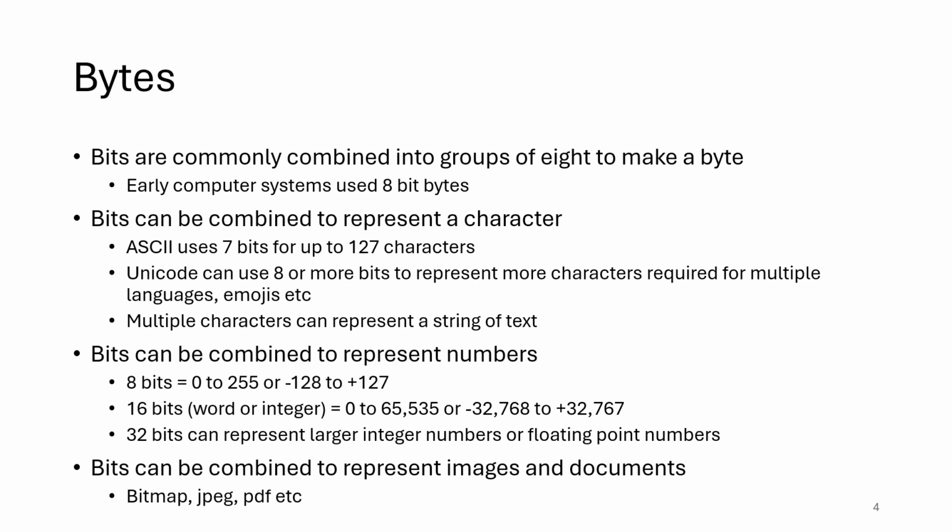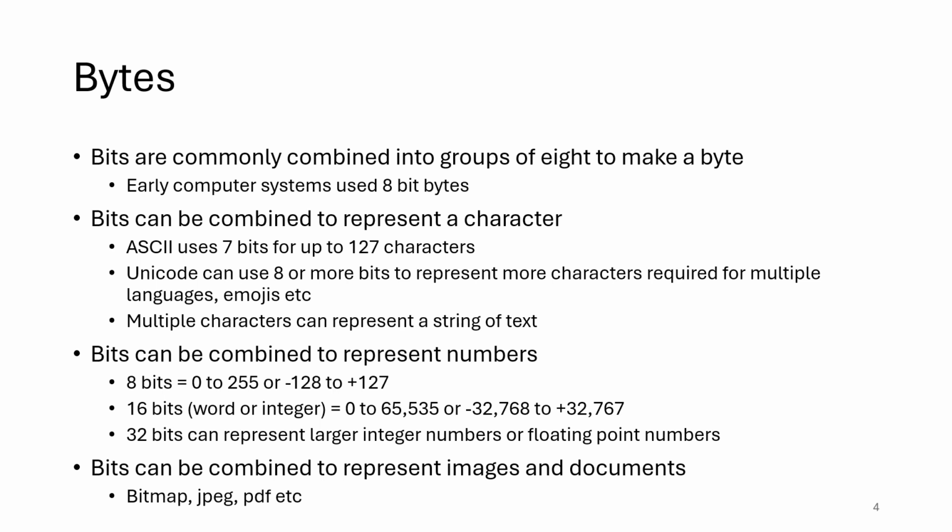Again, 16 bits may not be too useful, so often we use 32 bits to represent either larger integer numbers or floating point numbers. And there are other number formats as well, using even more bits. The more bits you have, the bigger or smaller the number, and also the more resolution it can have in terms of the number of actual digits that can be expressed.